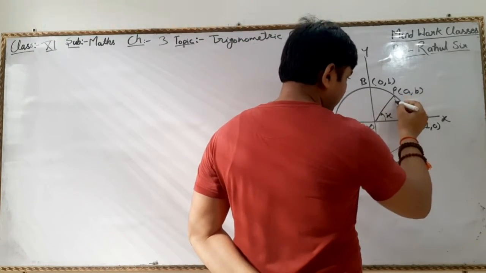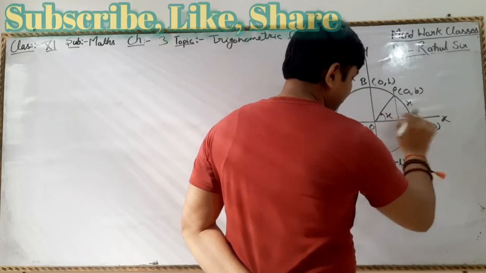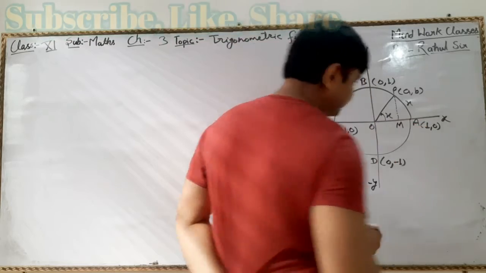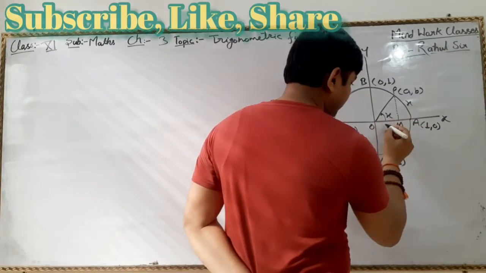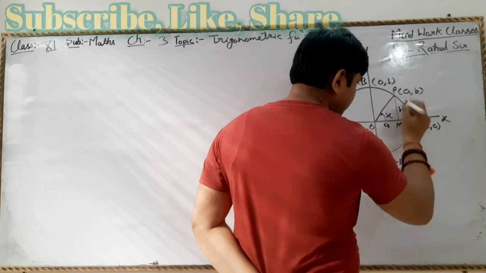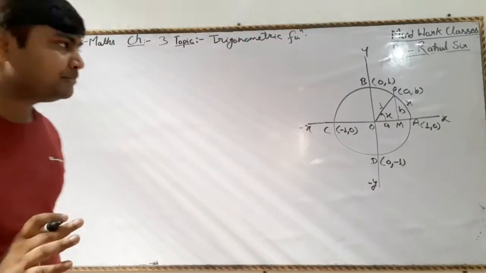If we draw the perpendicular from this point P to this line, let us say this point is M. Then this length will be a and this length will be b, because these are the coordinates, and this length is 1, the hypotenuse.